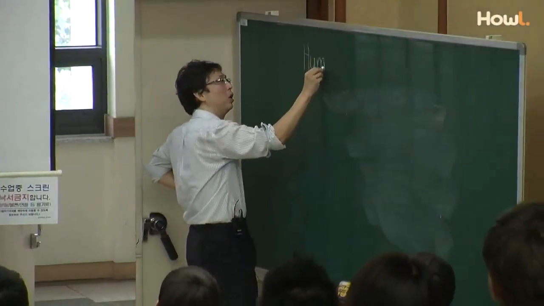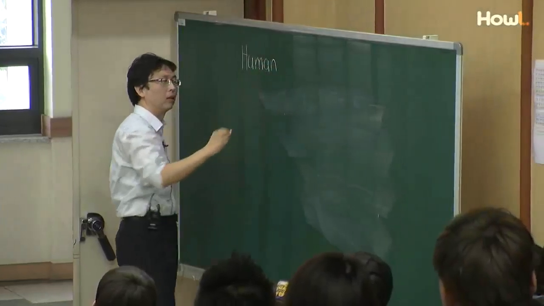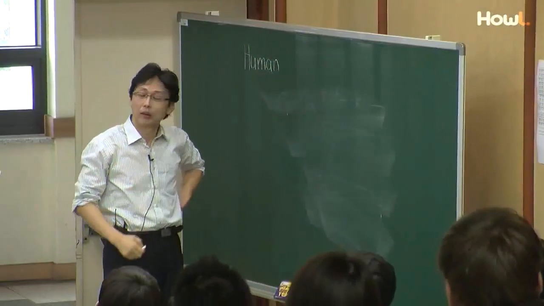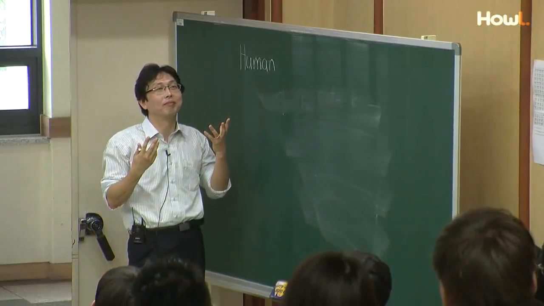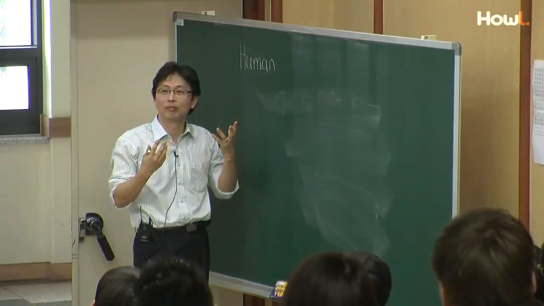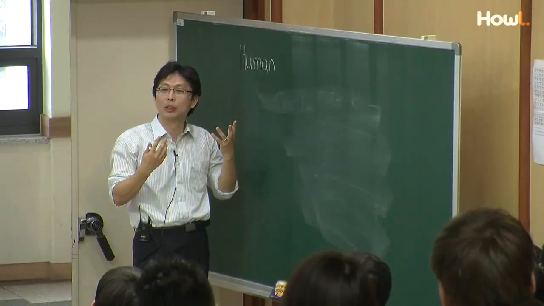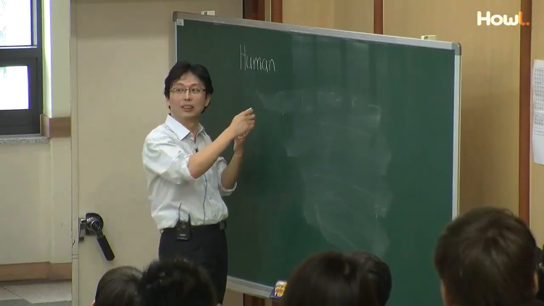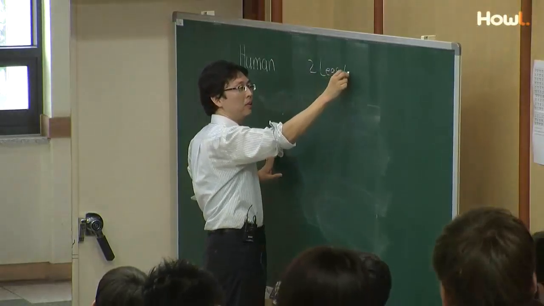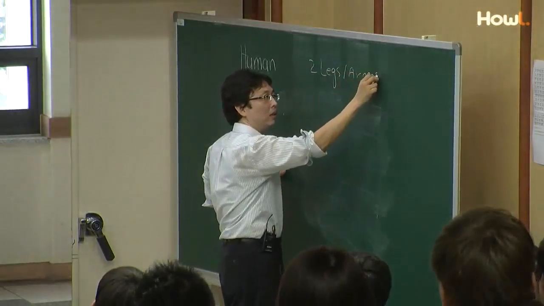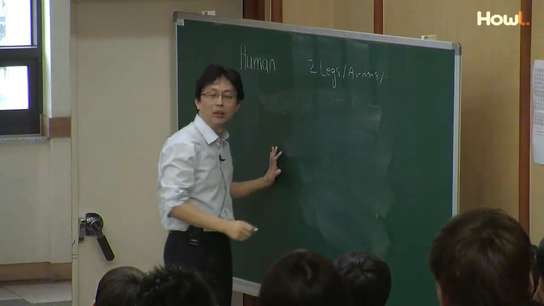Okay, how do we know about human? Well, two legs. Okay, two arms. All right, property.